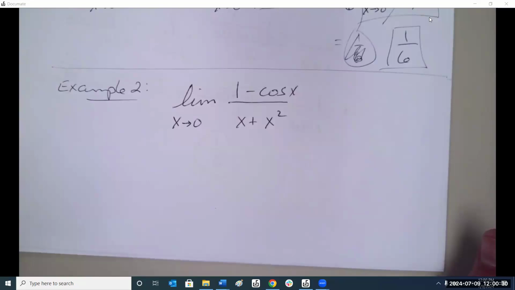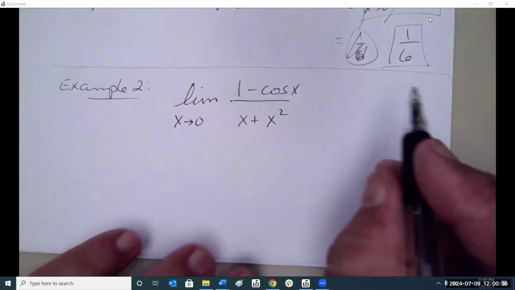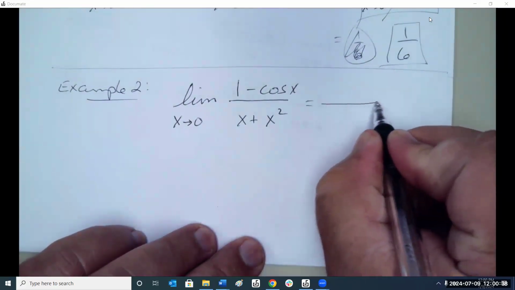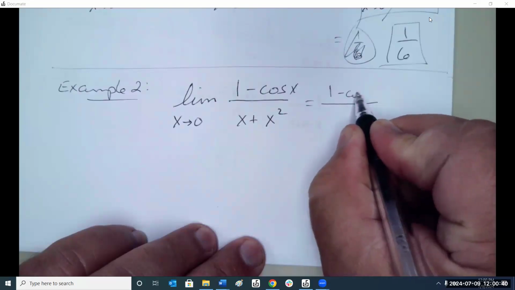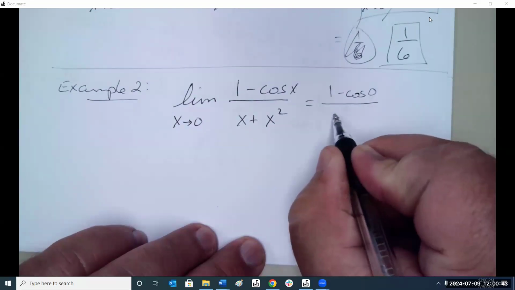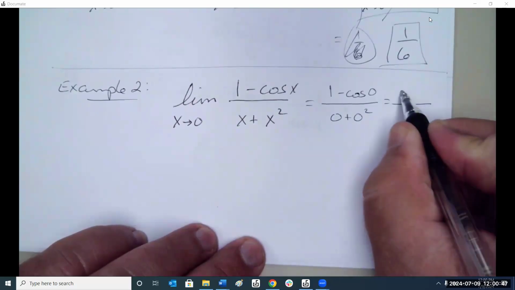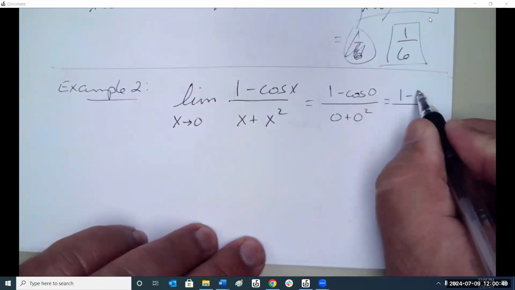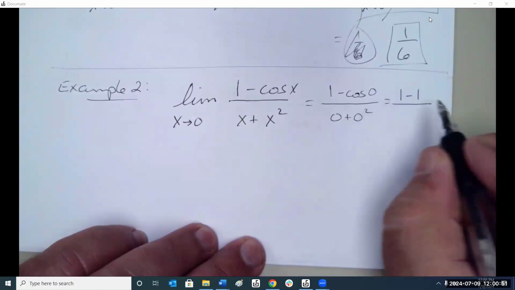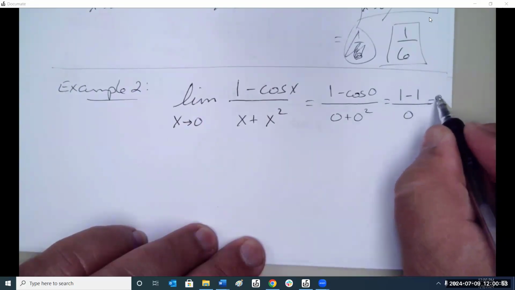What's the first step? Plug in 0. So we get 1 minus cosine of 0 over 0 plus 0 squared. Cosine of 0 is 1. 0 plus 0 is 0. So we get 0 over 0.